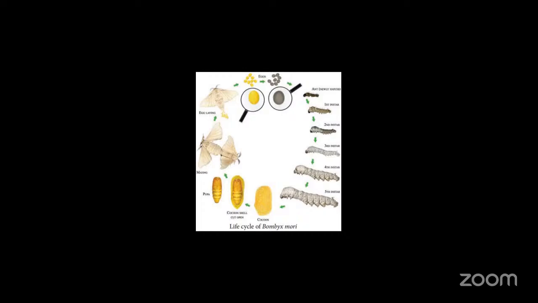Although archaeological records point to silk cultivation as early as the Yangshao period, 5000 to 10,000 years ago, that is China. First of all, sericulture was in China.